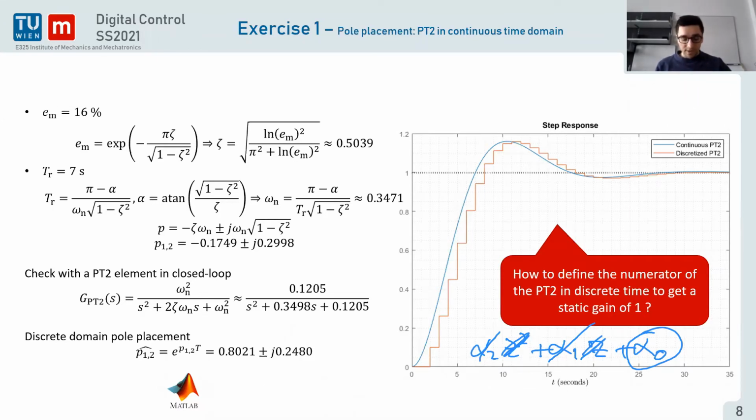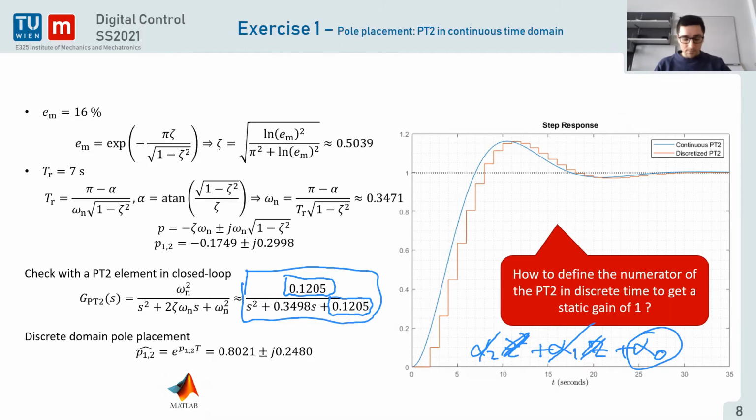This is correct in continuous time, because we know that when we consider an infinitely small frequency, omega goes to 0. It's not consistent to write it this way, but in continuous time, the static gain of a system is always the numerator divided by the coefficient that is multiplying s to the power 0.